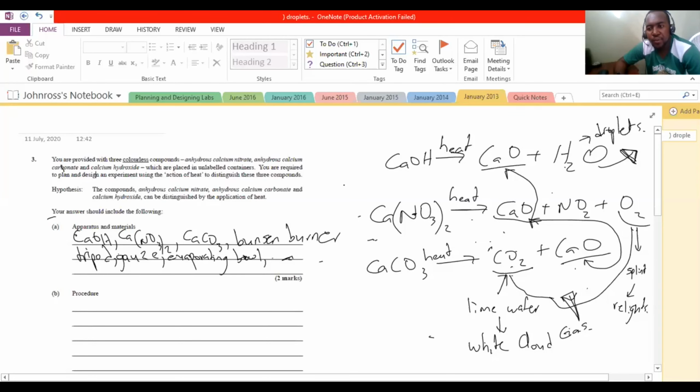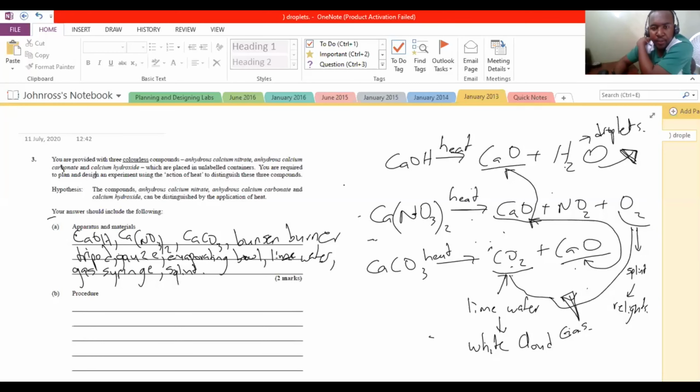But then we need to distinguish between the gases, so that means we need lime water and the gas syringe. And we need our splint.